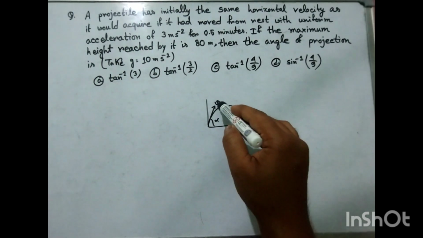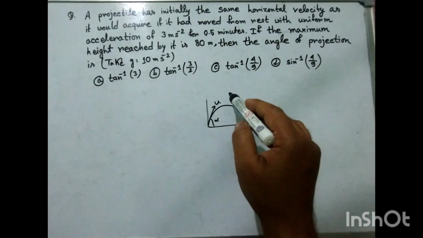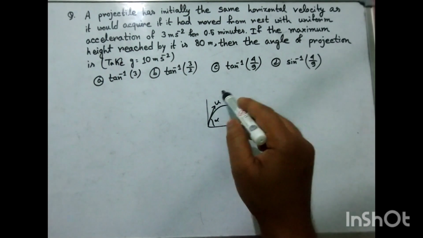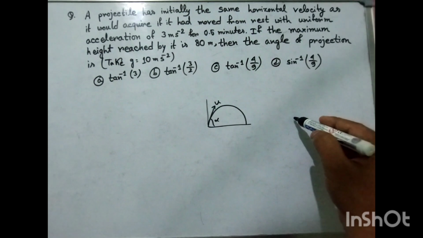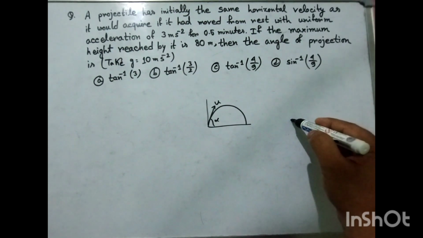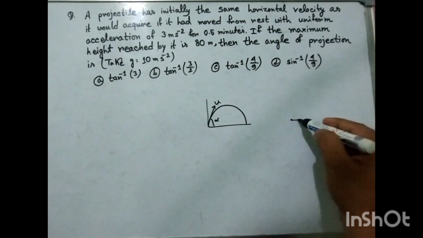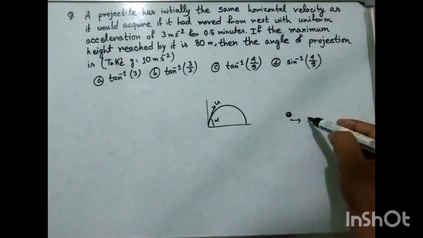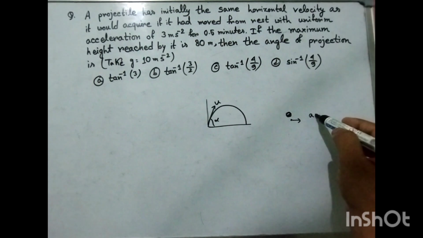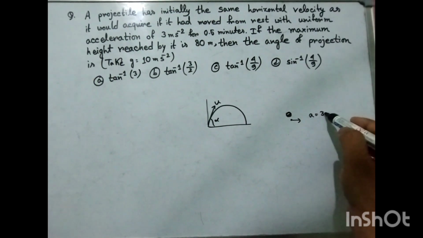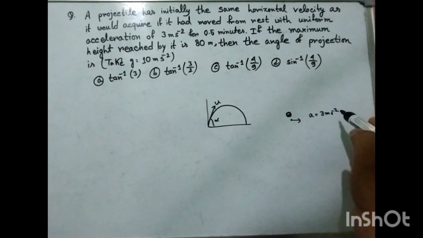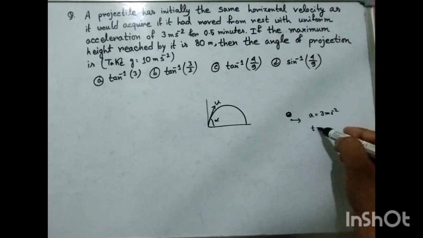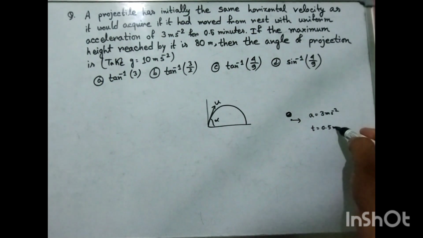They did not tell us the value of u directly, rather they are saying that suppose a particle is moving starting from speed 0 and it is accelerating, a is 3 meter per second square and t is 0.5 minute.